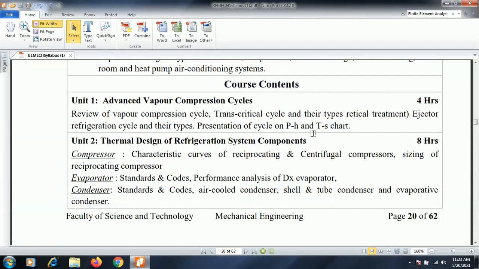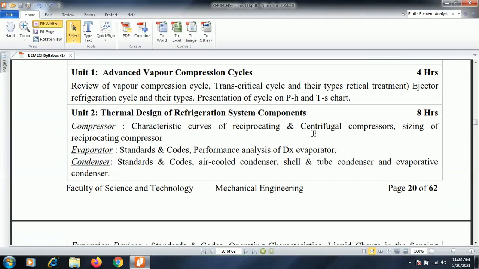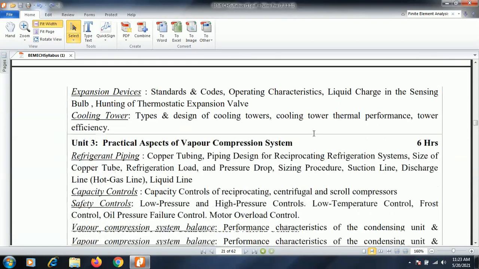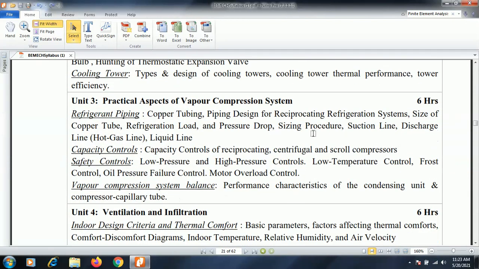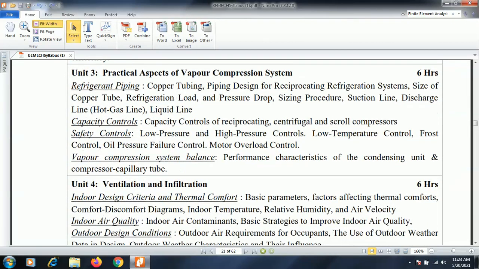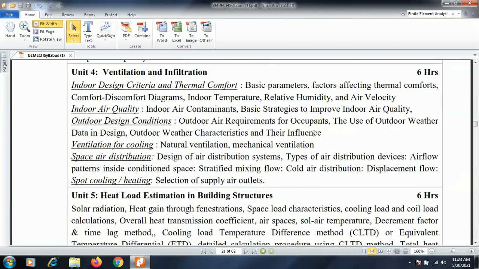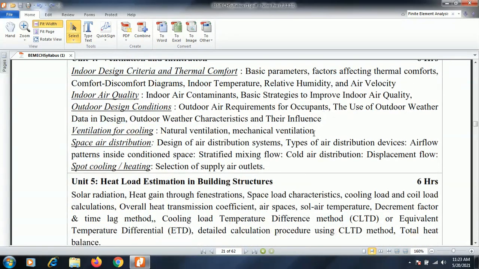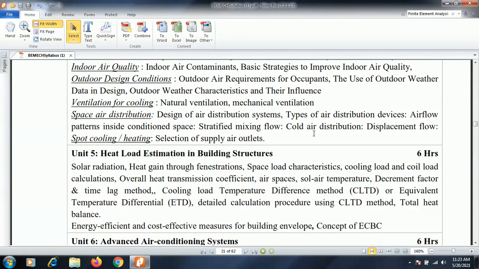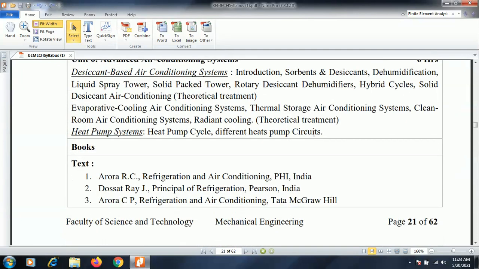You are going to learn different types of vapor compression cycle, then thermal design of refrigeration system, what actually the air conditioning systems used in industry are, how ventilation and infiltration take place, and how the load calculation takes place.